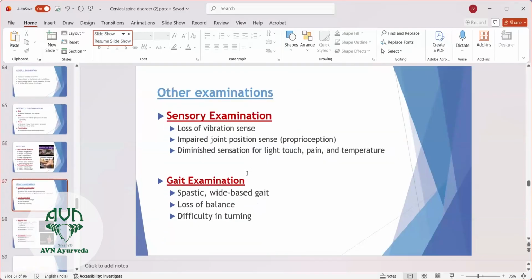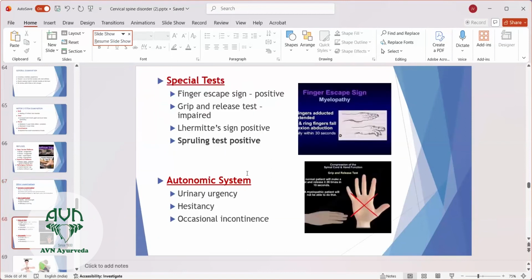On sensory examination, there is loss of vibration sense, impaired joint position sense, that is proprioception is impaired, and diminished sensation of light touch, pain, and temperature. While examining the gait, it is spastic with a wide-based gait, loss of balance, and difficulty in turning.